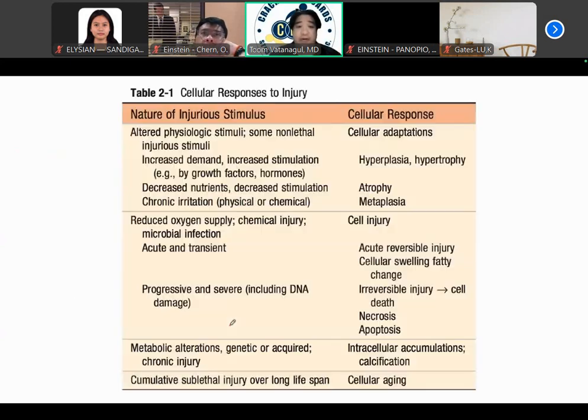Now, allow me to share this table lifted from your Robbins. Okay, cellular response to injury. So I want to go straight to what we just mentioned. Reduced oxygen supply. This can either be acute or transient.